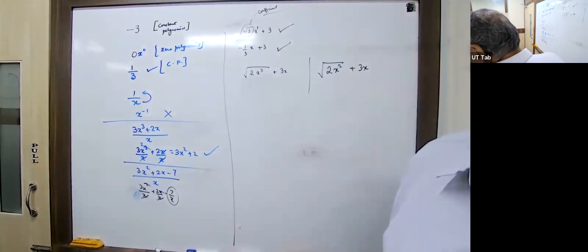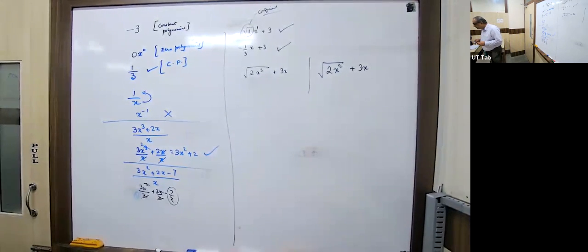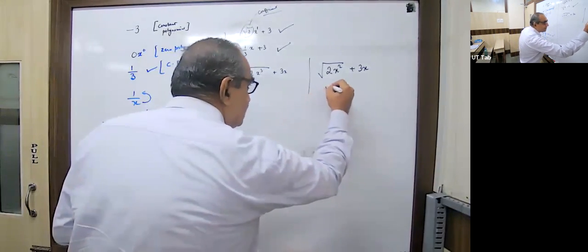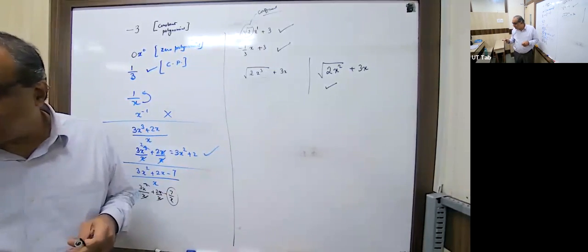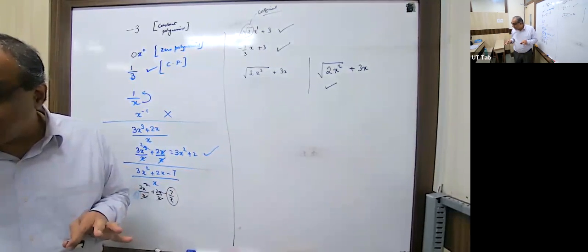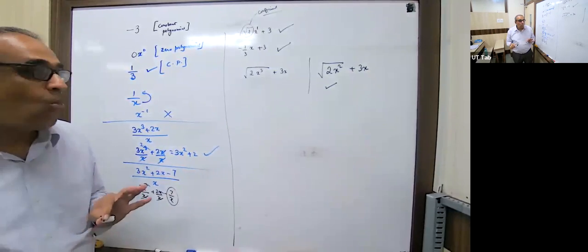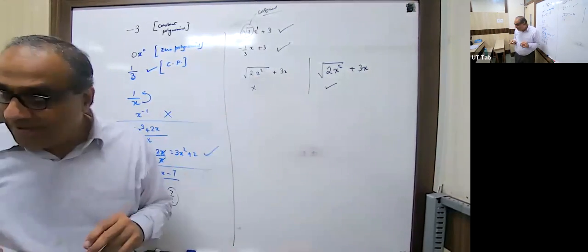Is this a polynomial? And this one? This you're saying yes. What about this one? You just said no. That's what I'm asking. Yes or no first? No. And this one is, why is this one?